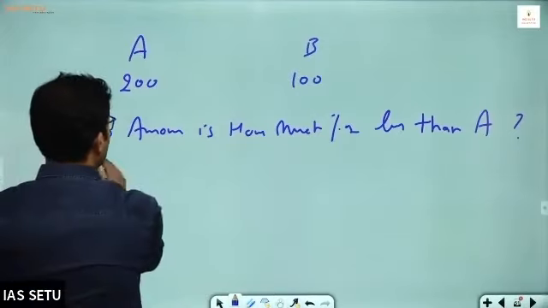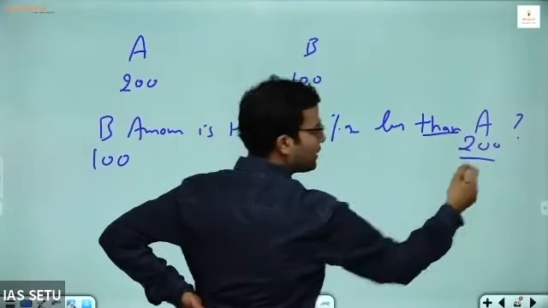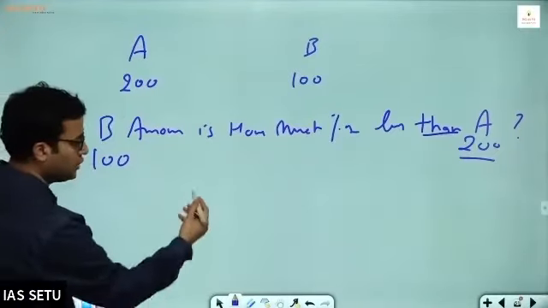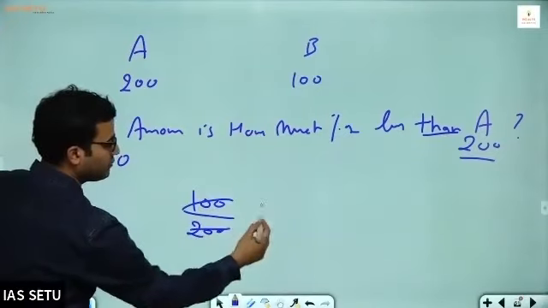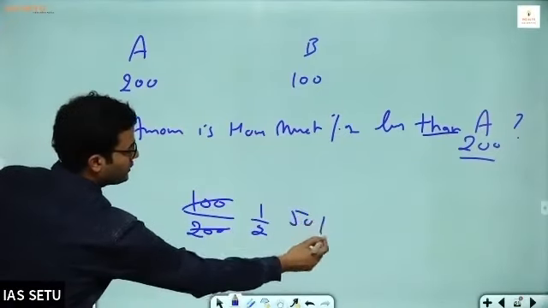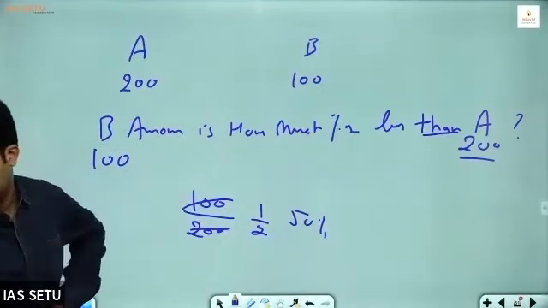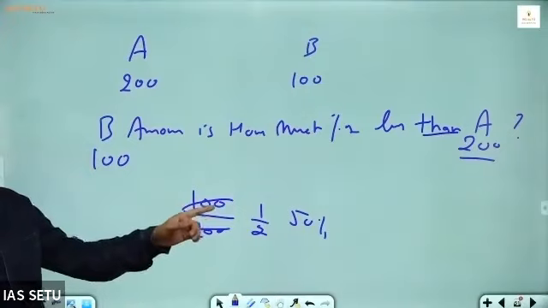B is having 100, A is having 200, then A, then 200. Reference is 200. So what is the difference? 100 as compared to 200. So it is 1 by 2, 50% less. So B is having 50% less than A. Than A, as compared to A.